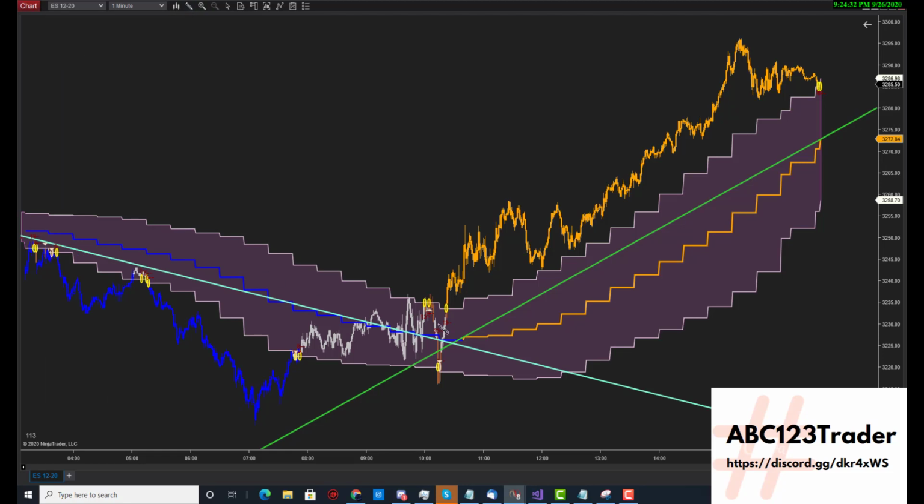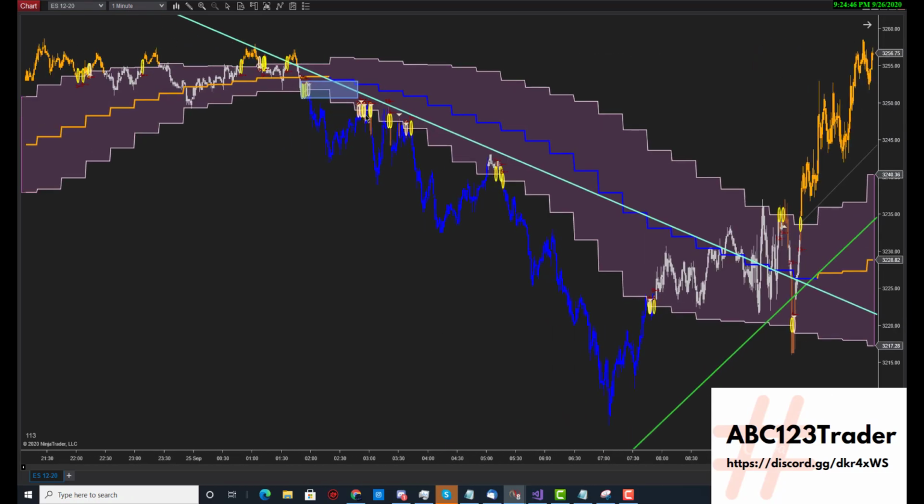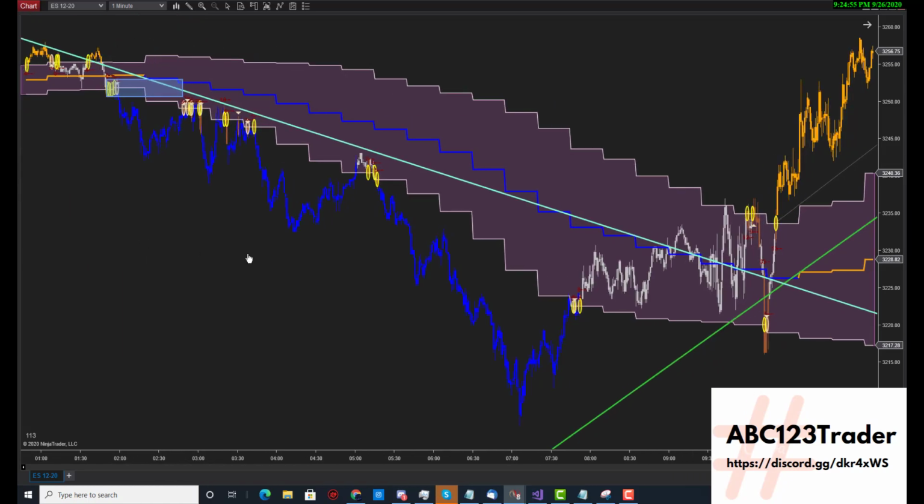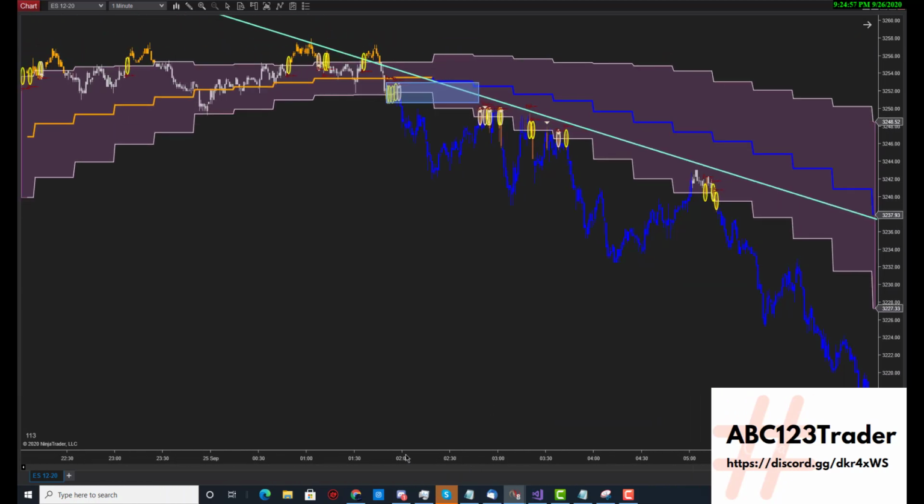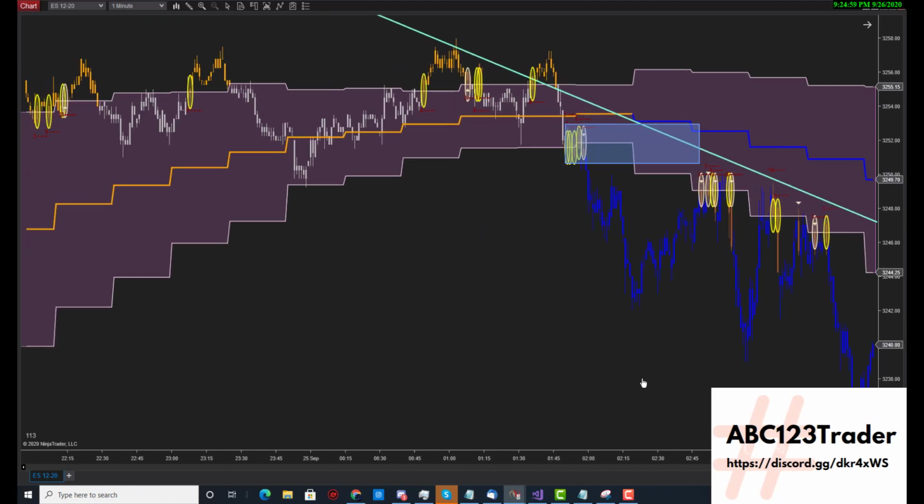For example, you entered here and you got knocked out, and you made 50 points on the ES from 10 a.m. till market close, which is actually really good. But each time you see it chatter, you're playing this game until you can get into that trend. On the ES, it's actually much easier than on the NQ. I used to use this on the NQ quite a bit.